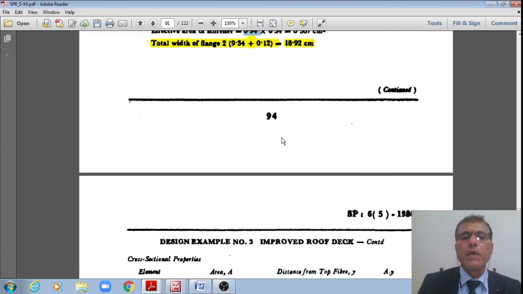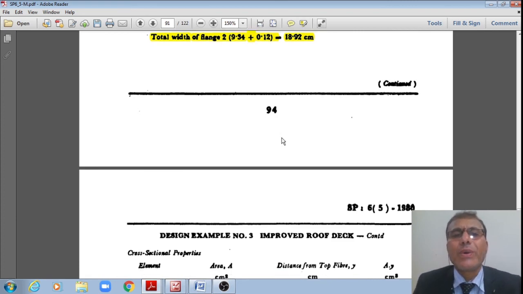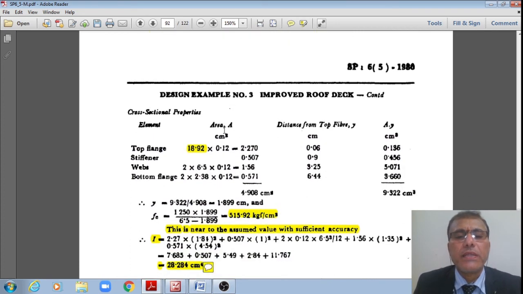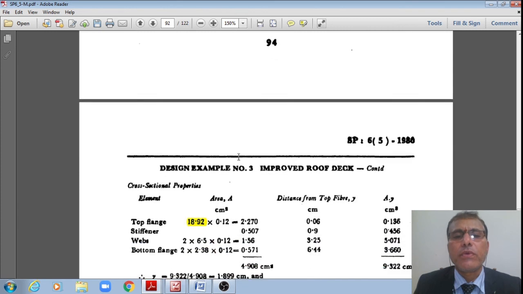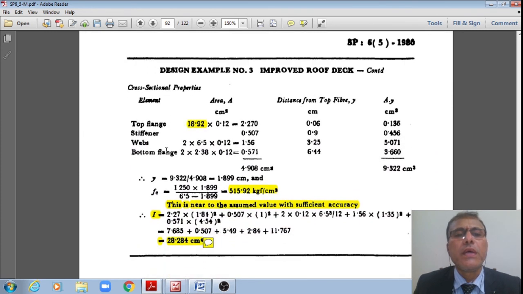That is how the total width of the flange increased. Out of 250, 18.92 is the effective width. It has improved. Therefore, now you can get the moment of inertia.